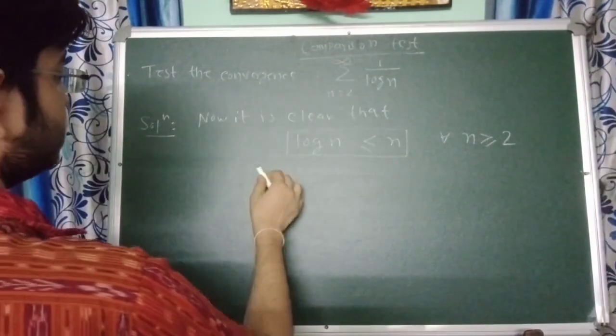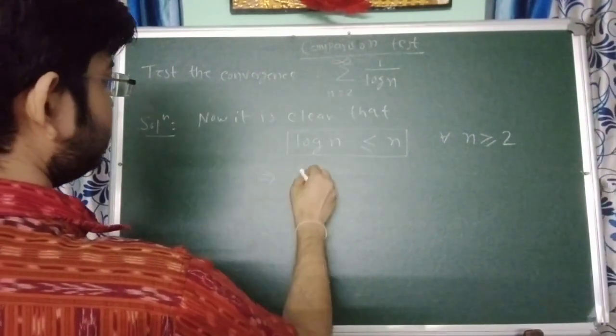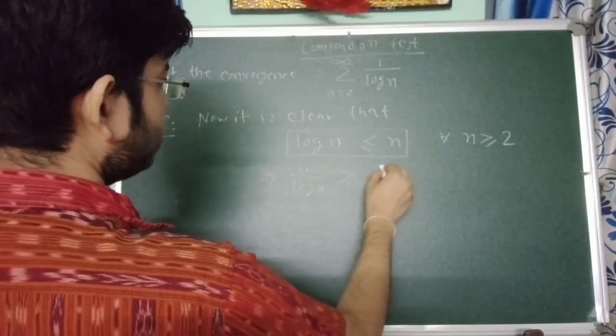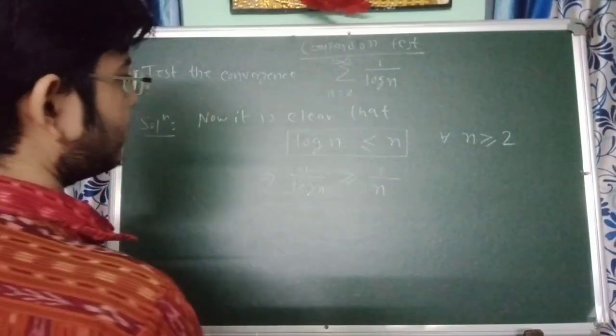From this we have 1 by log n is greater than or equal to 1 by n.